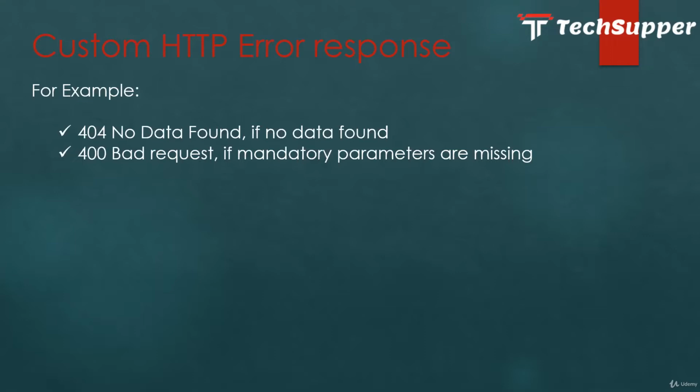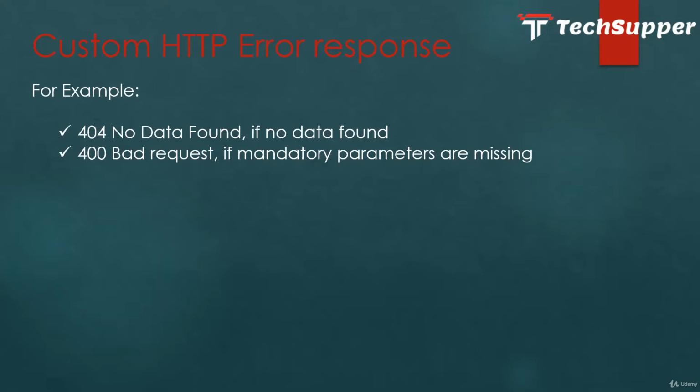Let's suppose the parameter is passed, but the data is not found against that particular value. Then in that case, you can handle this error and you can send a custom message like 404 no data found error message. 404 and 400 both are HTTP response codes.